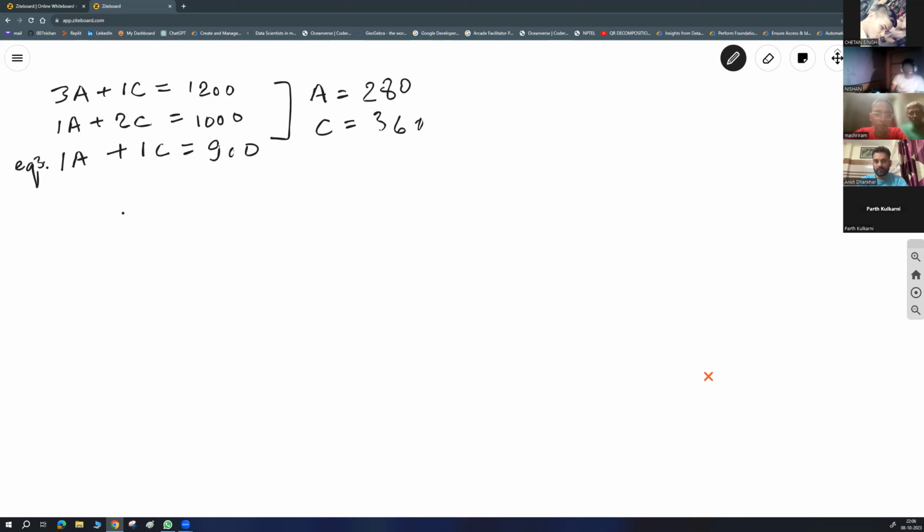Here, the nearest values are 1200, 1000, and 900. How can you be sure that if we are plugging in A as 280 and C as 260, then that point will be nearest to 1200, 1000, and 900? Consider this point.